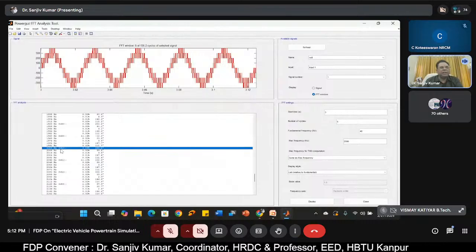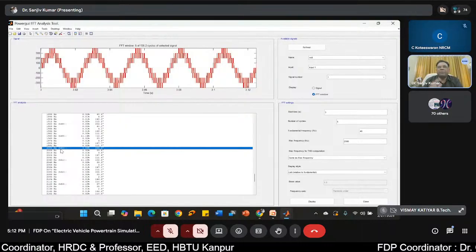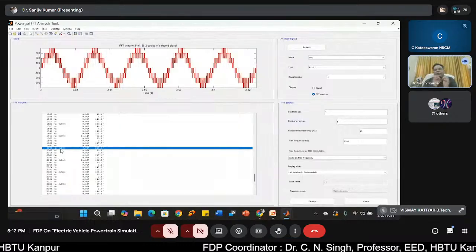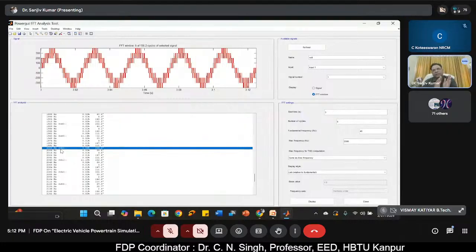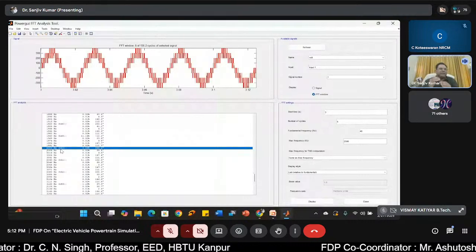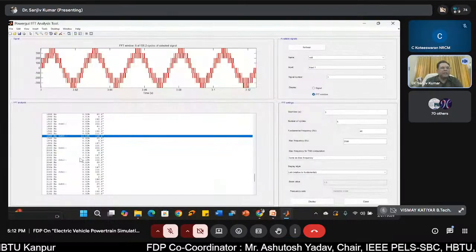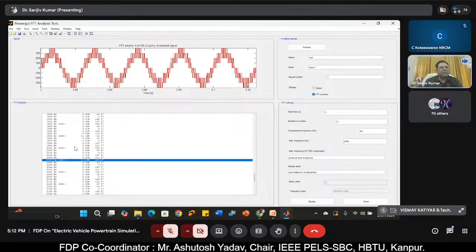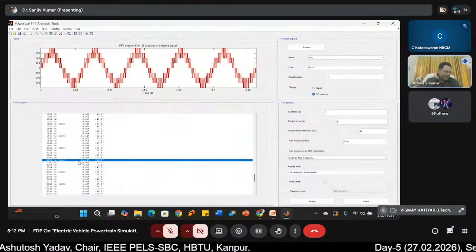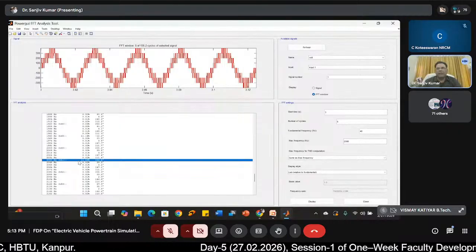That means the 50th order frequency is 40, so the maximum frequency of 2000 corresponds to the 50th order: 50 into 40 is 2000. The sideband of 50 is 49 and 51. So the dominant harmonics occur at the sideband of the 50th harmonic. If we understand all this, then only can we teach our students, right?